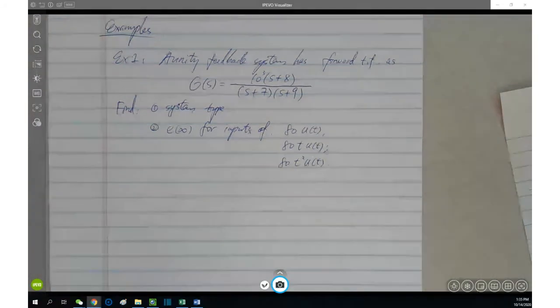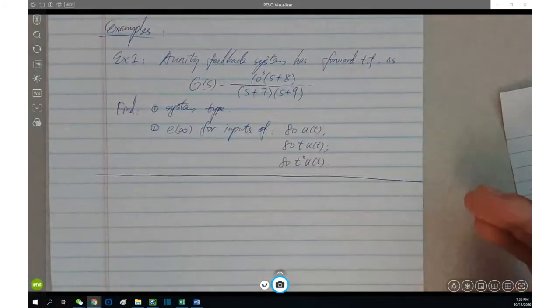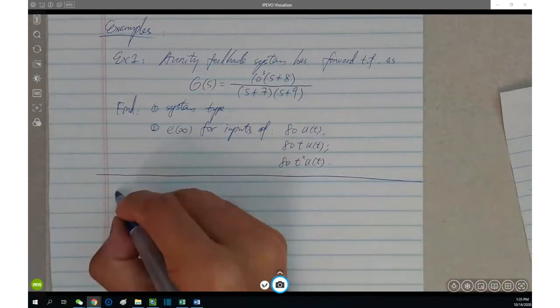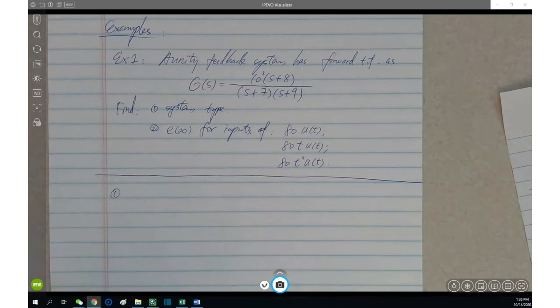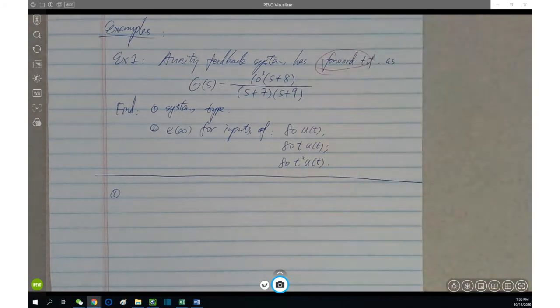Let's solve this problem together as the first example. Question 1 is asking for the system type. What you need to be careful about is that G of s is nothing but the forward transfer function, from which you can tell the s-term order in the denominator.